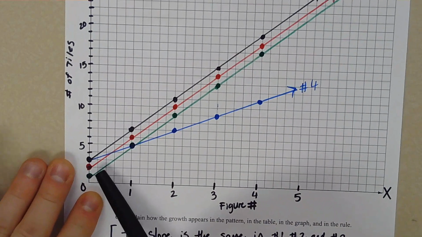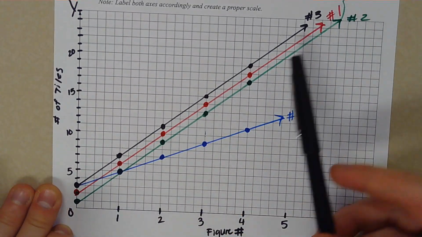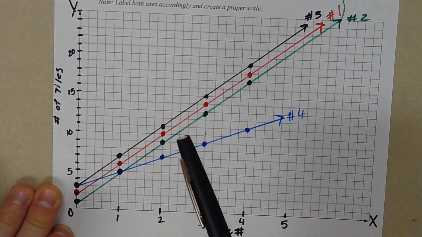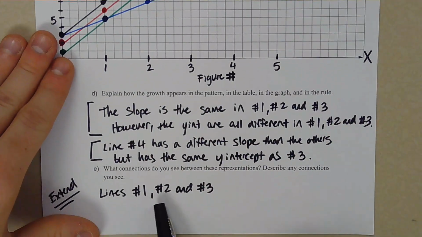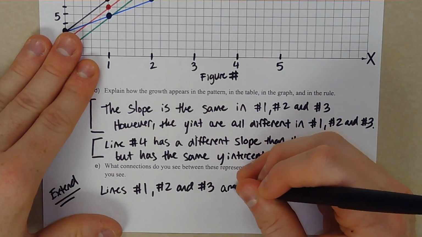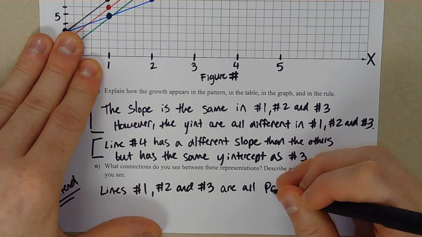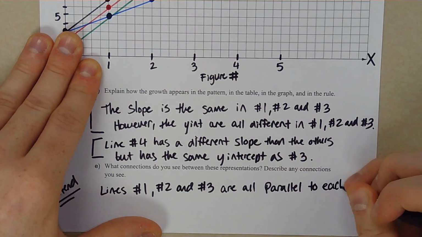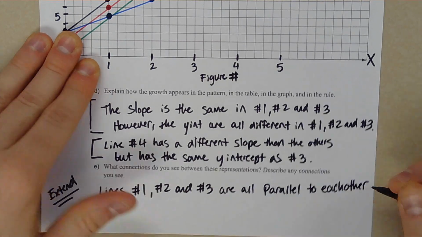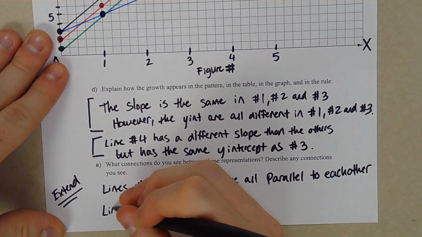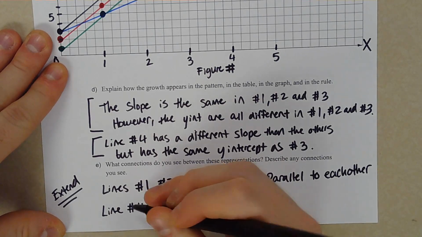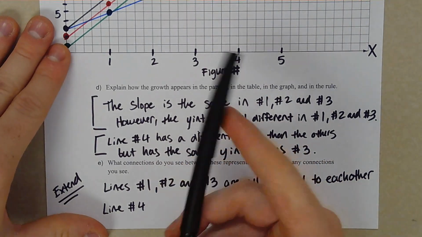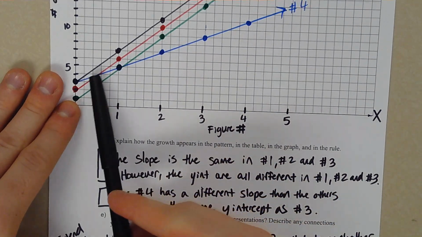Because these lines have the same slope and never touch each other, that's called parallel. So we can say lines number 1, 2, and 3 are all parallel to each other.